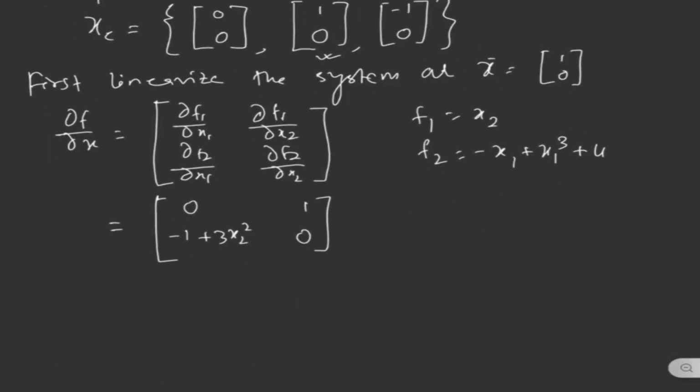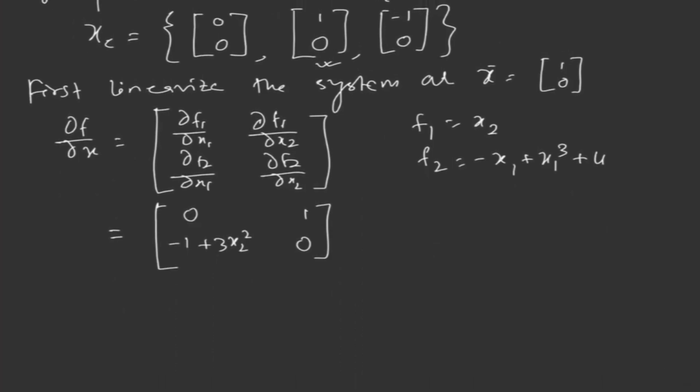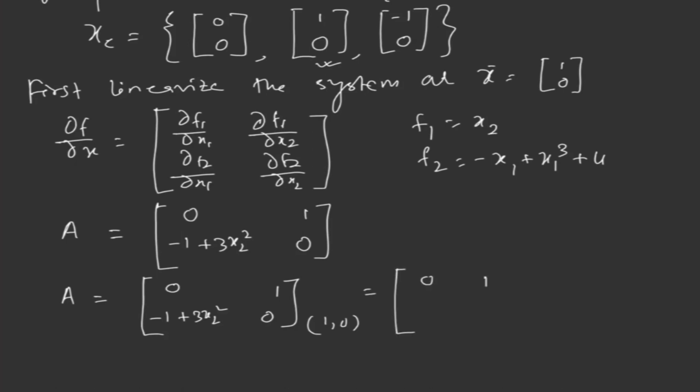This is my A matrix, the state matrix. At the 1, 0 equilibrium point, this matrix yields to be 0, 1, 2, 0.